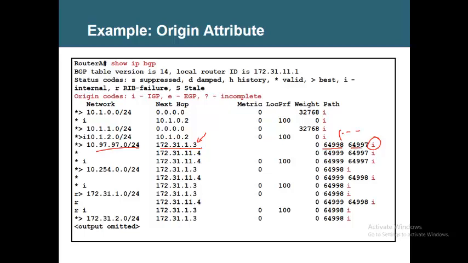At last, you have this number, Houston. And in Houston, they use the network command, and this router in Sydney can very clearly know that this is not redistributed, it is advertised. That's how it knows.